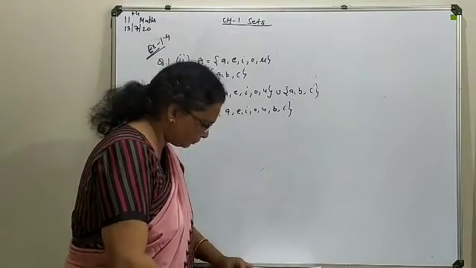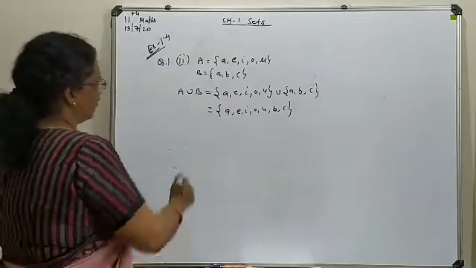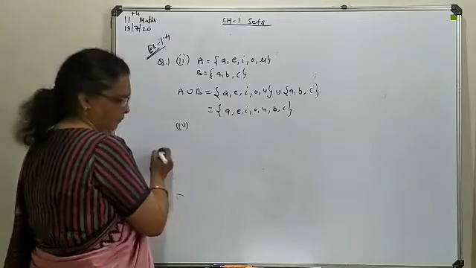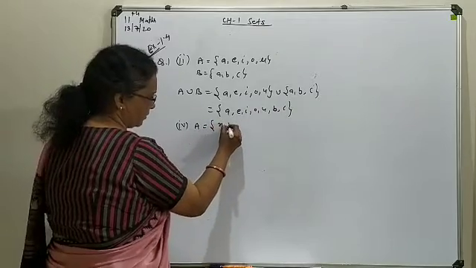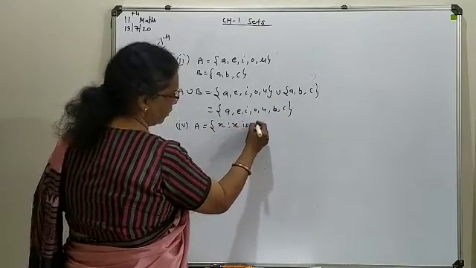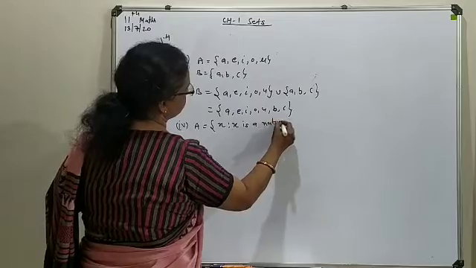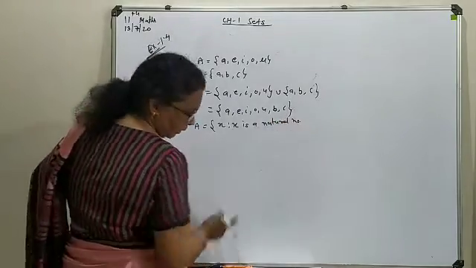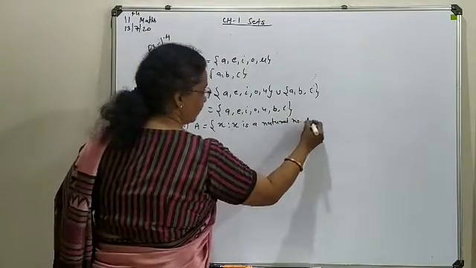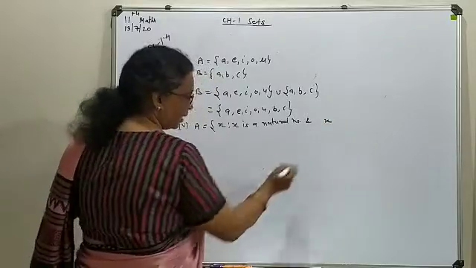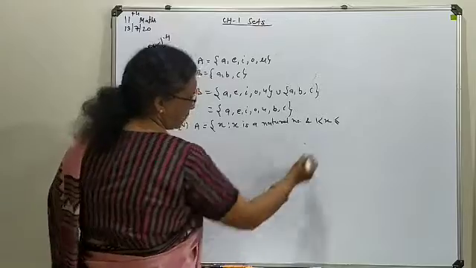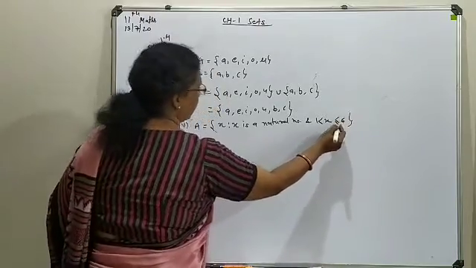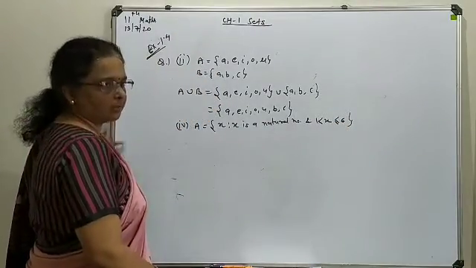Next we are going to the fourth part of the same question. Your set A is given as X, where X is a natural number such that X is between 1 and 6, with equality at 6. Here we can write it in interval form.